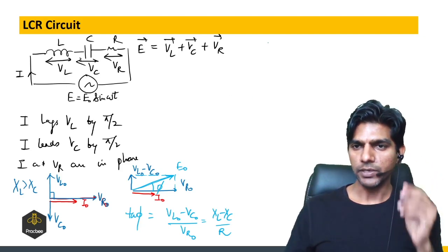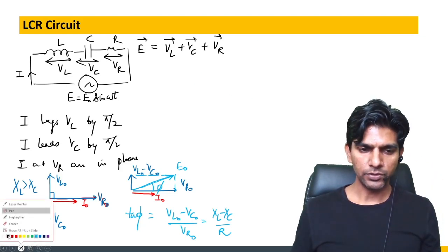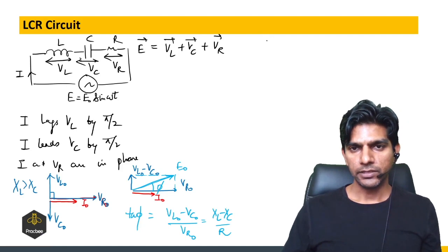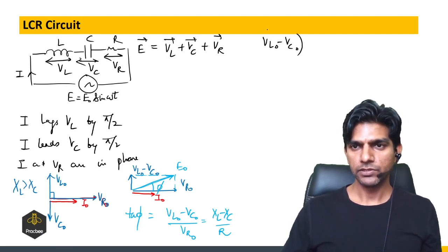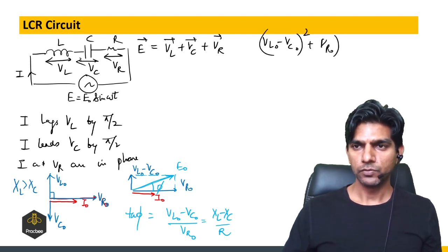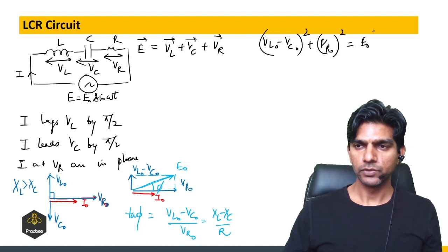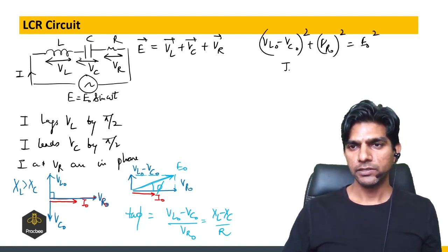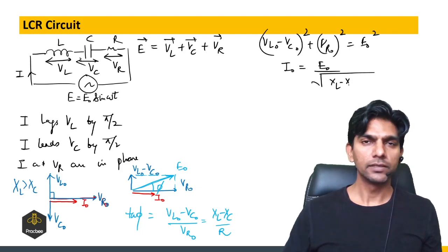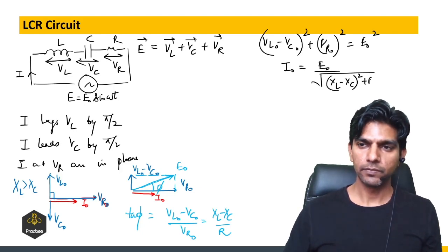Now let us find the peak value of the current. So we can say (VL naught minus VC naught) square plus VR naught square should be equal to E naught square. If you simplify this, I naught comes out to be E naught divided by root of (XL minus XC) square plus R square.